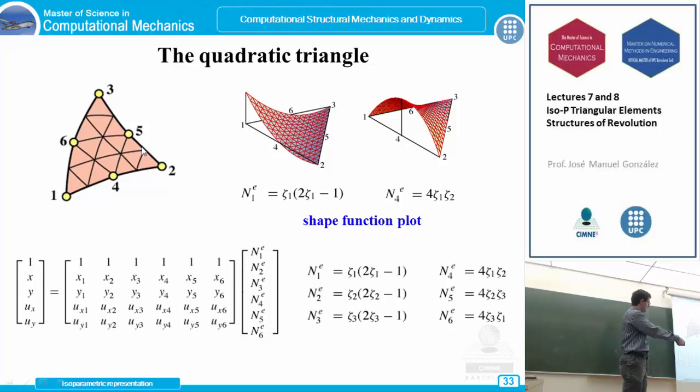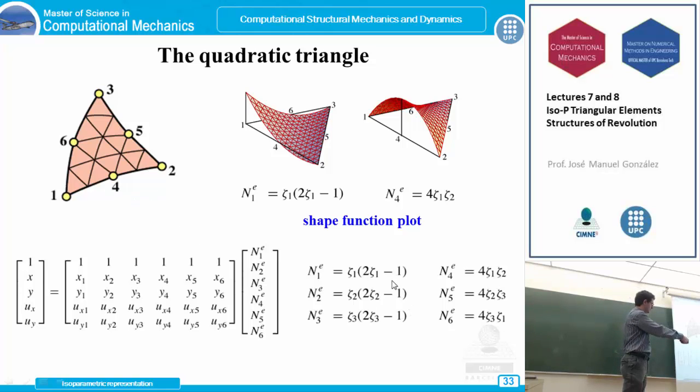Remember that this triangular coordinate is 0 here, 1 here, and its evolution is from this point to this point, taking into account that at these midpoints 4 and 6, the function has the value 1/2.